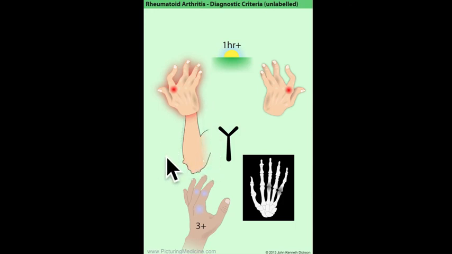Rheumatoid nodules, which we've touched on already, that's a diagnostic criteria. These firm lumps in the skin, which usually occur at pressure points, typically the elbow. Abnormal amounts of rheumatoid factor in the blood, that's a criteria as well. 2 more to go. Swelling or fluid around 3 or more joints at the same time, simultaneously.